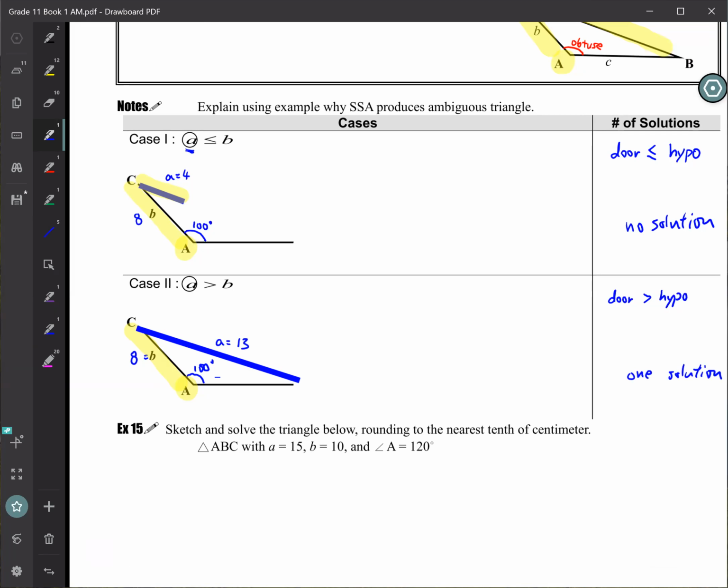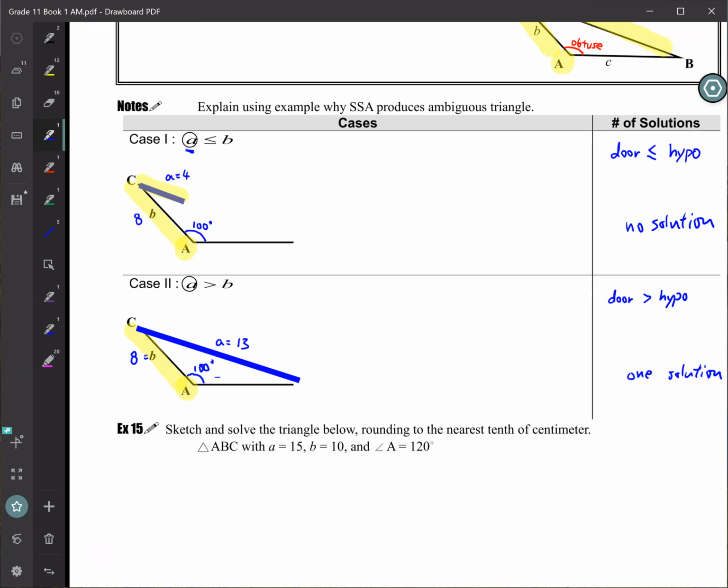They give you angle A, and the side, the hypotenuse, and then the door. The angle A here is the one that's obtuse. When that happens, you get an ambiguous case with an obtuse angle. This is much easier. There are only two cases.